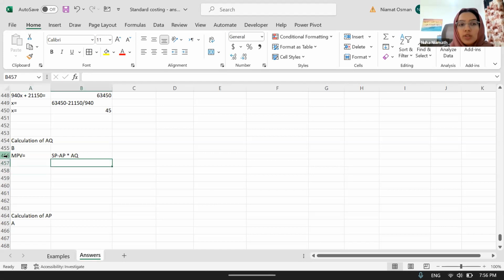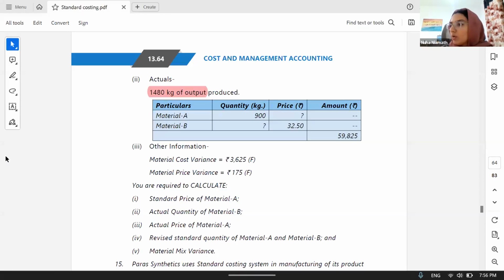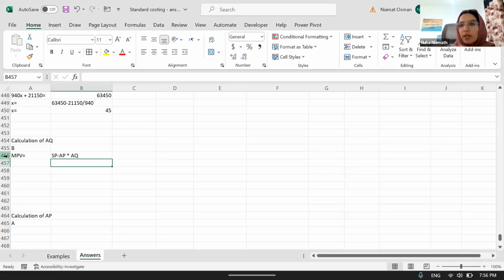So now let's open up the bracket. What will we get here? We'll get SP into AQ minus AP into AQ.